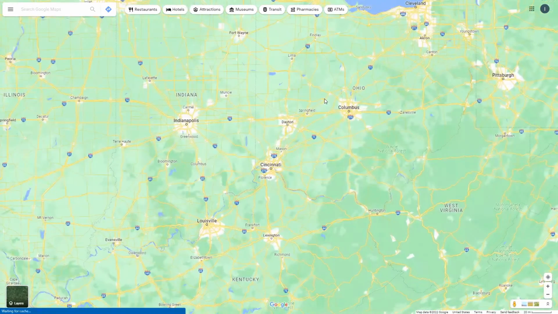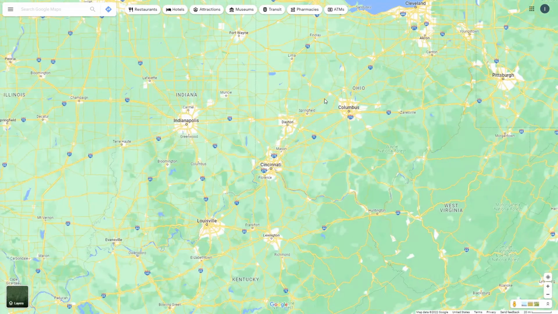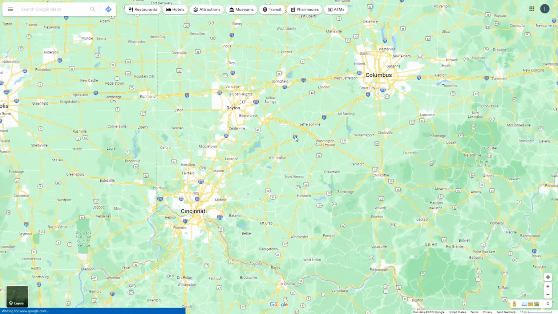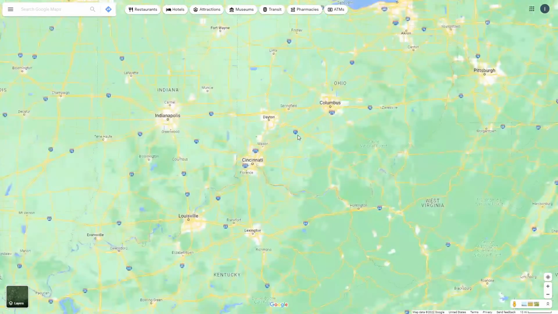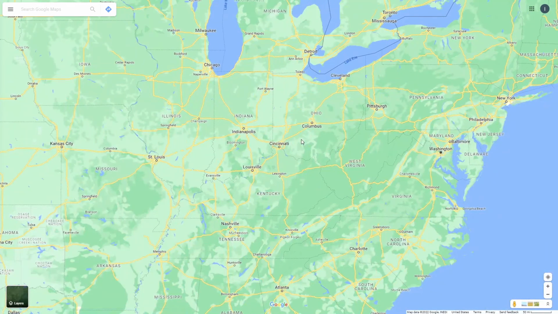Now, for signing, interstates pretty much have the same sign, like you should automatically recognize it. It's the only colored sign, except for the toll routes, which have colors on them, but they're pretty rare. Pretty recognizable, just the blue and red shield. Sometimes there are duplicates of highways.